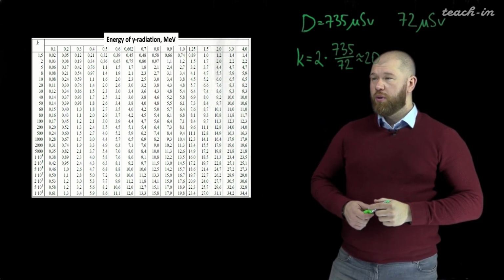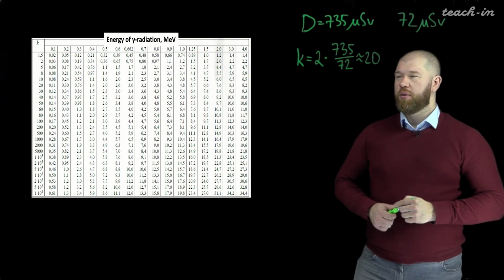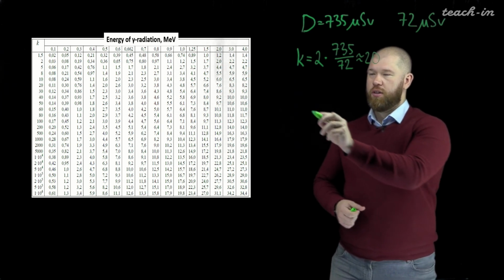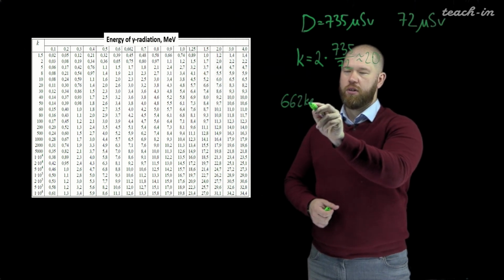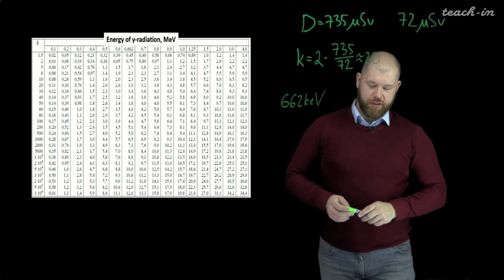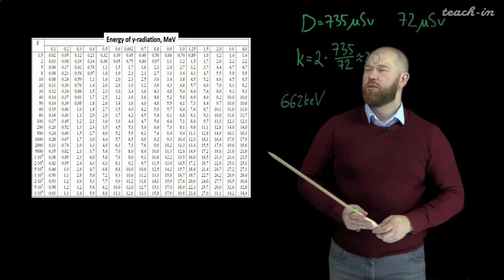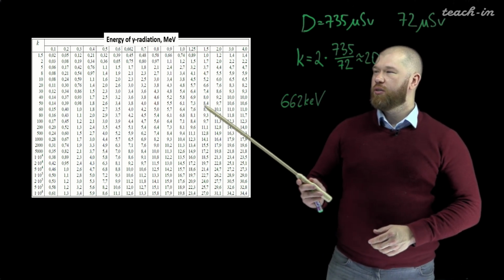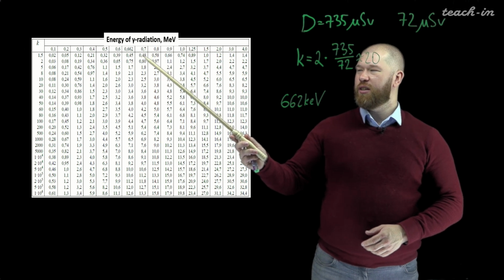And we know that the energy of gamma quanta emitted by the cesium source is 662 kiloelectron volts. And as far as this source is quite widely used, as I told you, there is a certain column for this energy in this table.